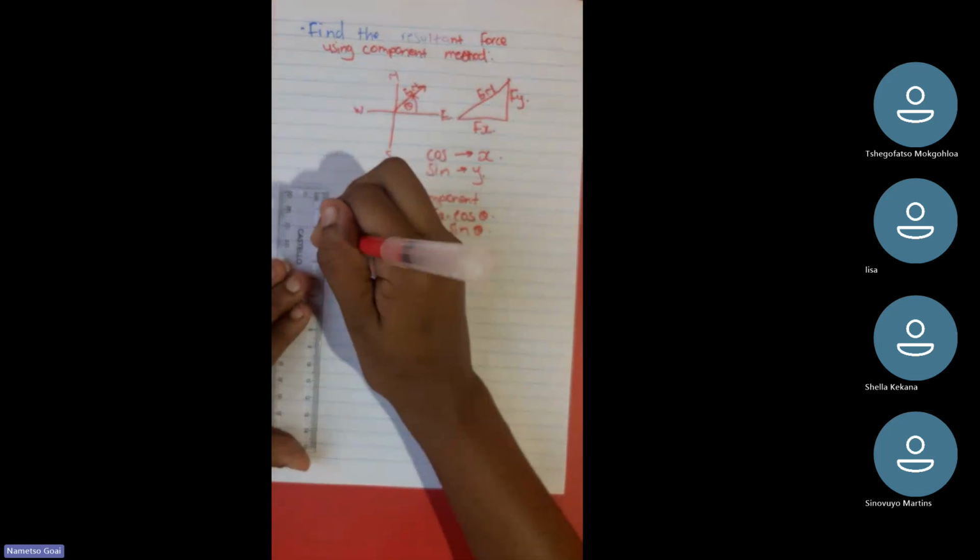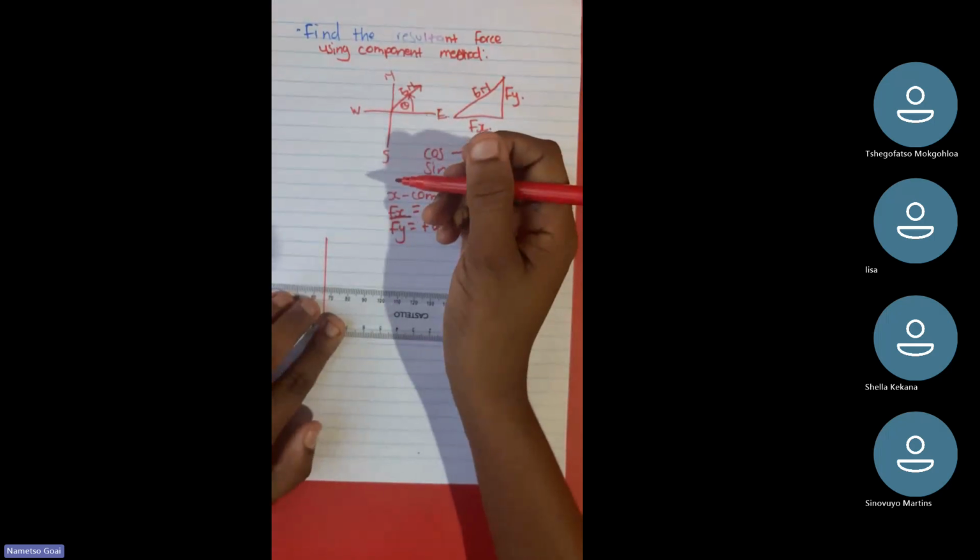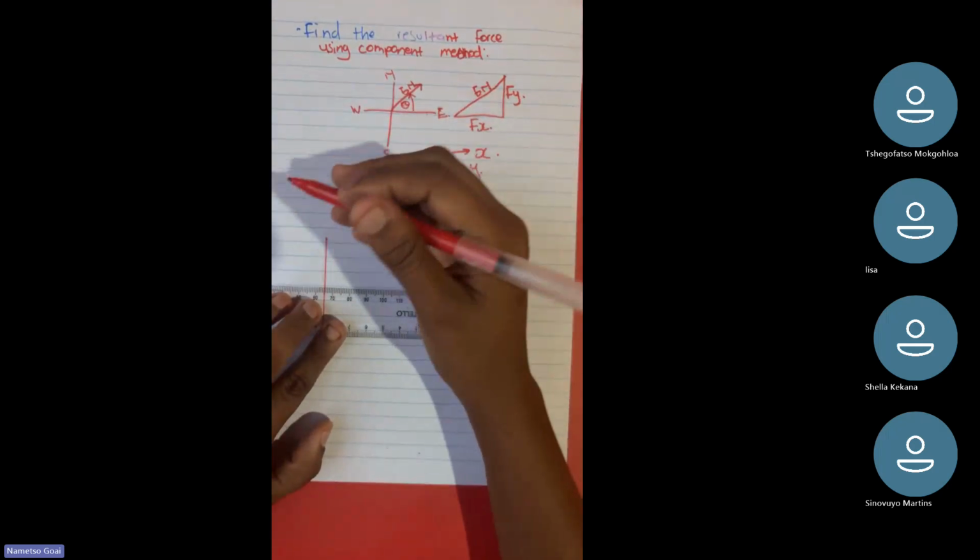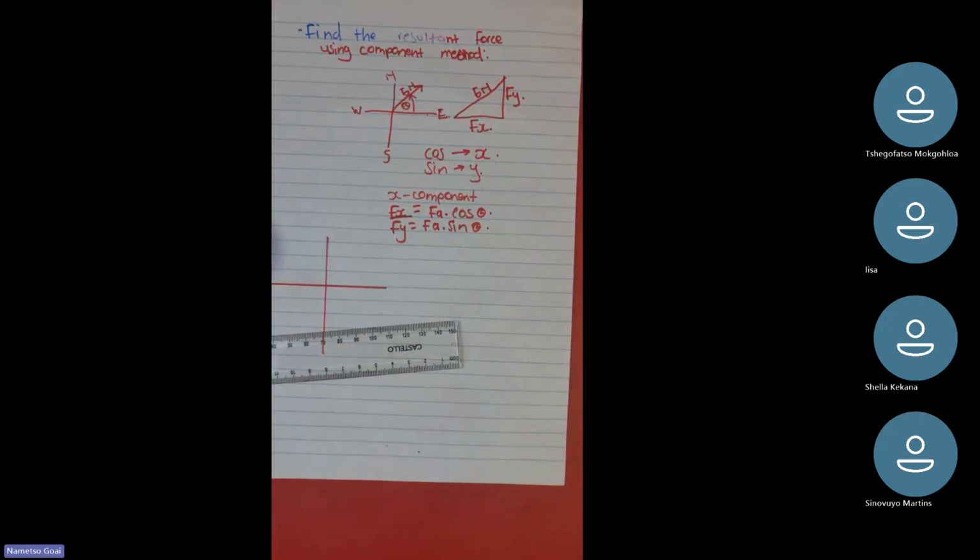So now we're given a diagram that looks like this. We have to break it down into its components.